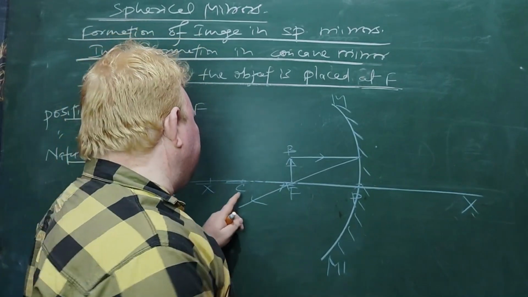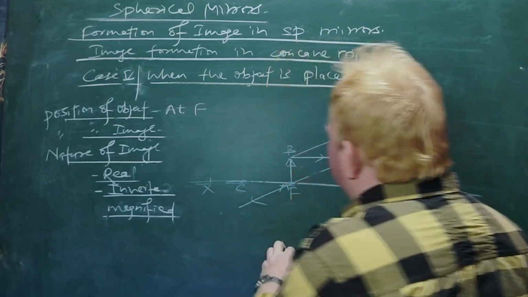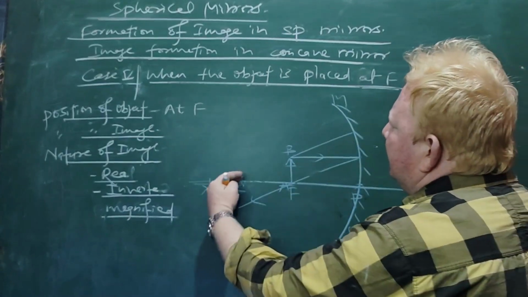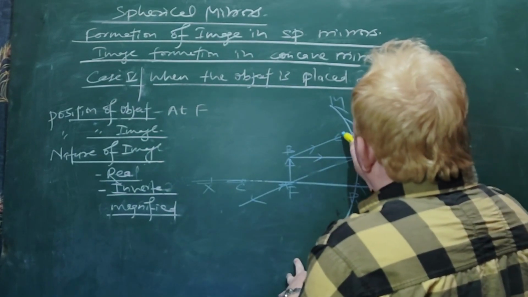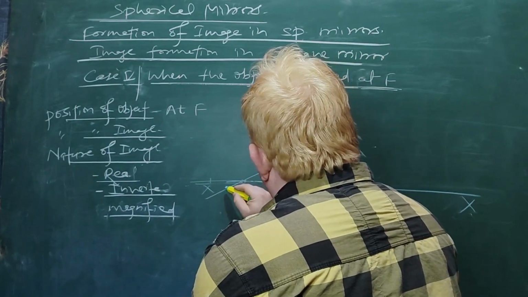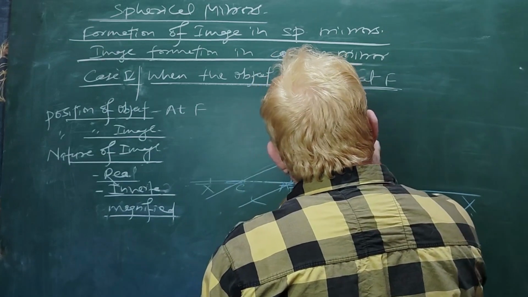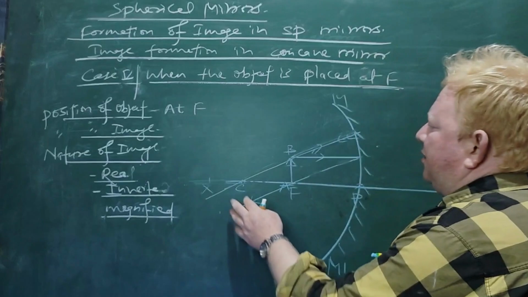So for one more ray, we can take one passing along the center of curvature, so that it will retrace back along the same path, passing by the center of curvature only.